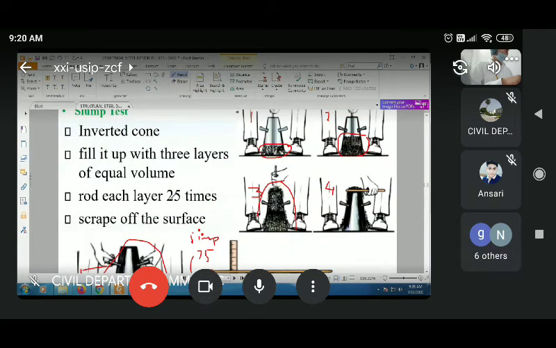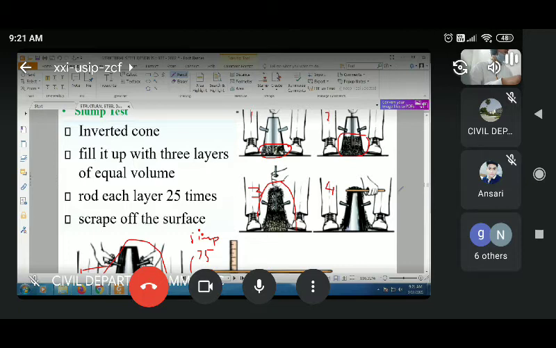The procedure: just hold down the cone with your feet, and then fill the concrete in 3 layers, with each layer compacted or rodded 25 times all around, not only in one place.